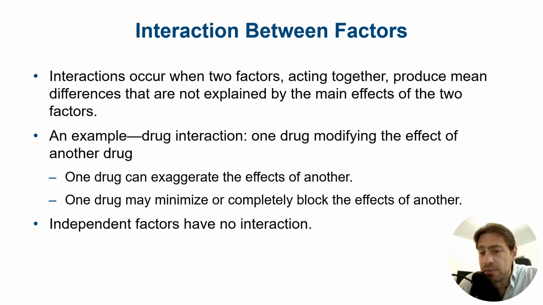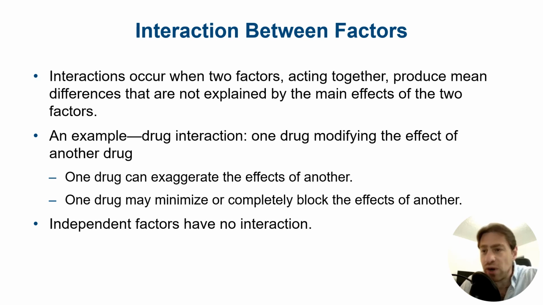One common example that you may have encountered is with drugs. So if you get a prescription for some drug, your physician or psychiatrist will check the other medications that you may be on, because we know that one drug can interact and modify the effects of another drug. This is called drug interactions. So the idea is drug A and B together may produce a different effect than either drug by itself.